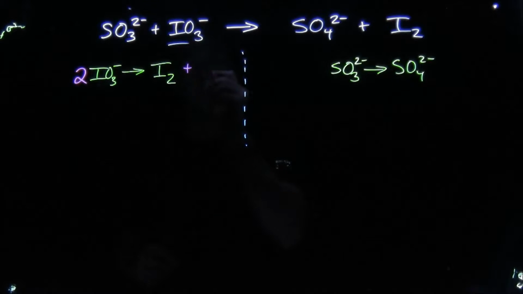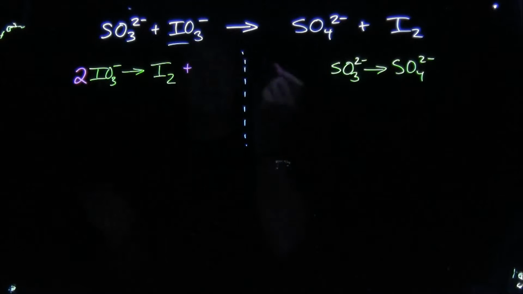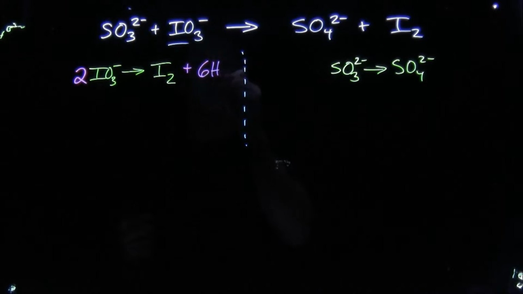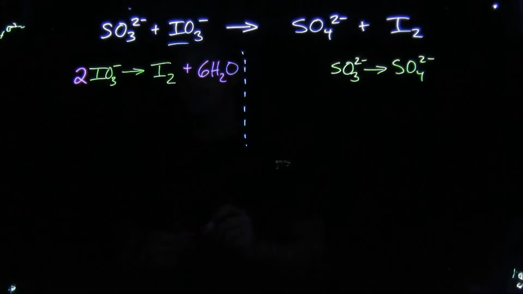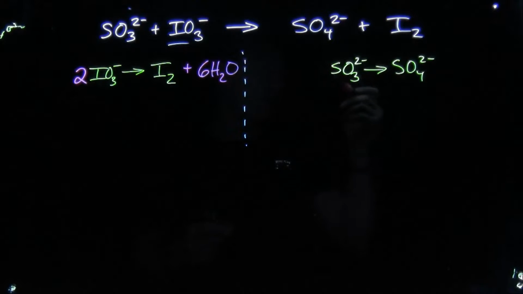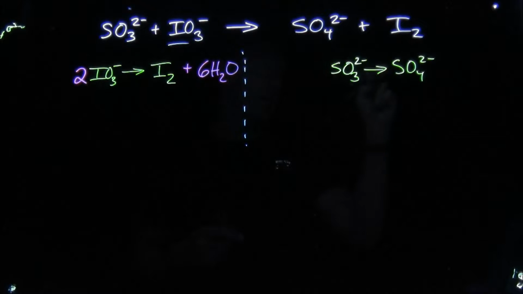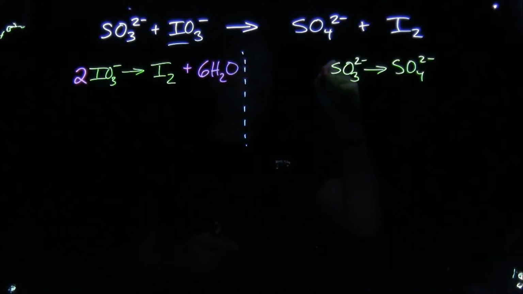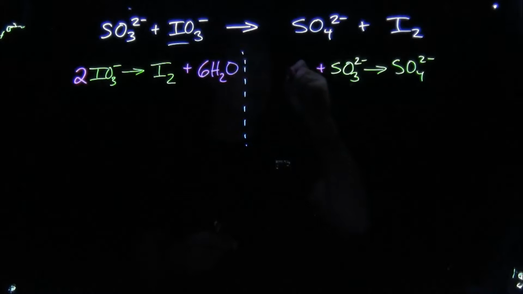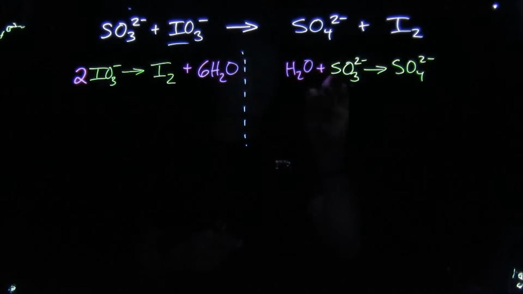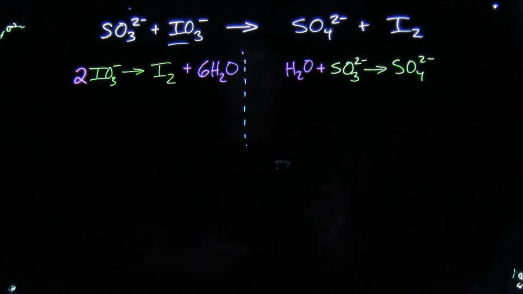So we're going to add 6 waters to balance out those oxygens. Over here, you've got 3 oxygens on the reactant and 4 oxygens on the product. So we're going to add just an extra water, and that'll give us 4 oxygens on each side.